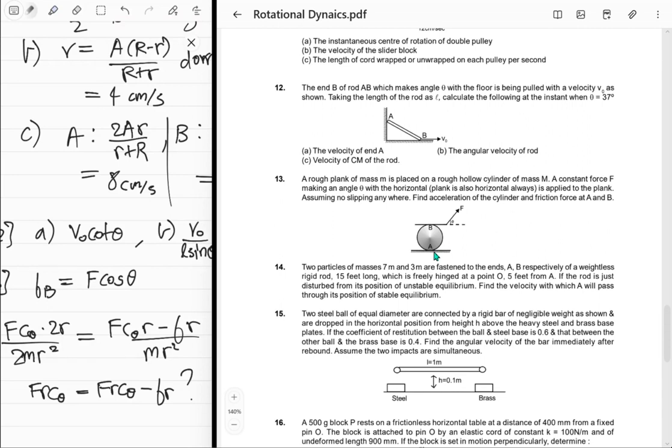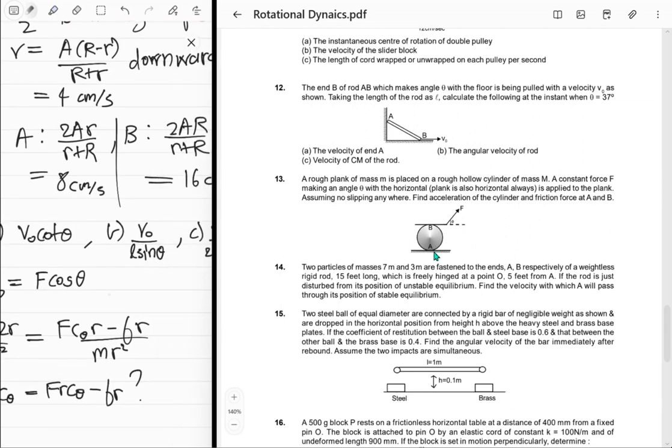So F cosine theta upon m is that acceleration, but then F cosine theta times r upon mr, so it's F cosine theta upon mr, but that times r is F cosine theta upon m. That will be the relative acceleration. So somehow it turns out to be 0. Perfect. So at A, there is no friction.